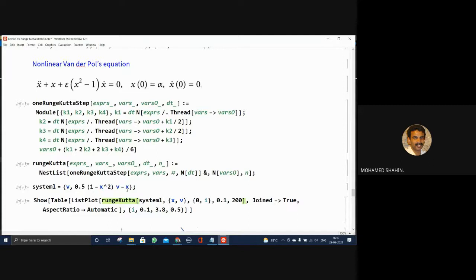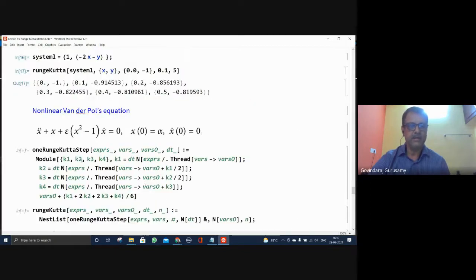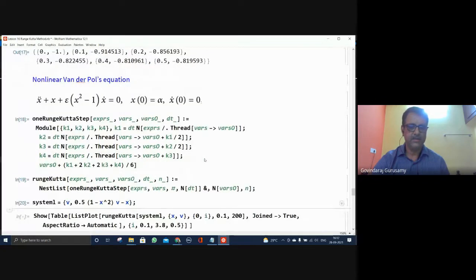And you have the variable here, epsilon is 0.5, and other things are fine because you have to reverse it; if you write it, there is going to be a change of sign, and v will be there for x dot, and minus x is this one. Okay, and some initial conditions are given here, and you made a plot, and that should work without any difficulty here. This is the result that you have.